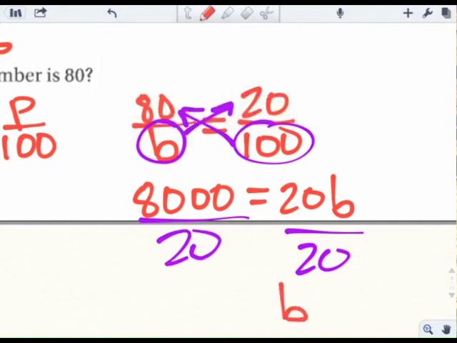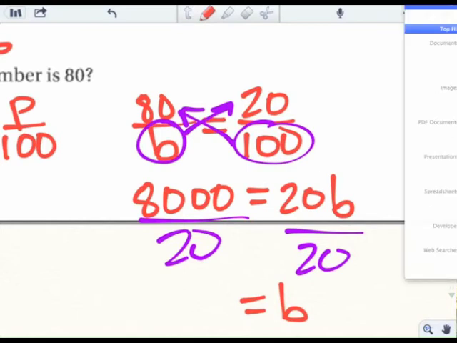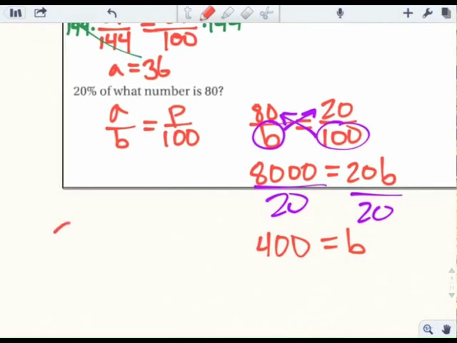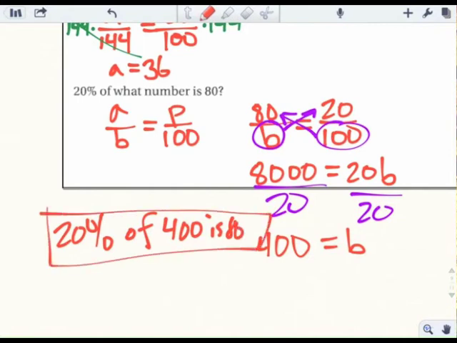So B equals 400. Now, let's see if this statement makes sense. We're saying that 20% of 400 is 80. Does that statement make sense? Well, yeah, sure, I hope it does.